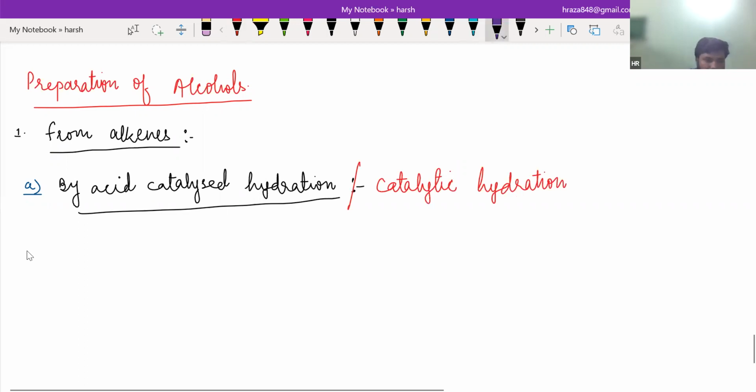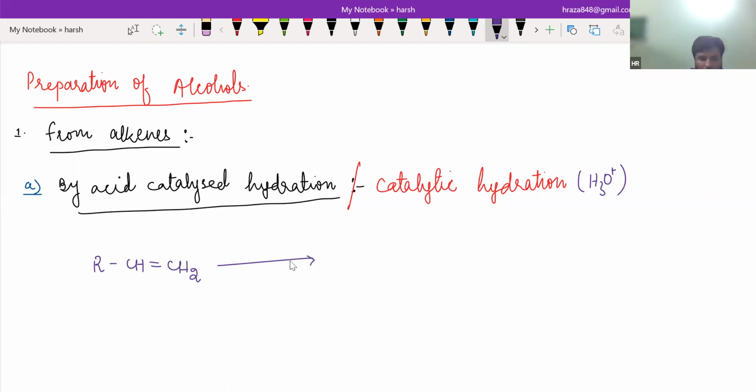Now see, catalytic hydration, that means H3O positive. You are going to add H3O positive. If you have an alkene like this, CH2 double bond CH2, and you are going to add H2O, or you can call it H3O positive, in the presence of acid. So what happens here? You are going to break this bond. This bond will be broken like this.